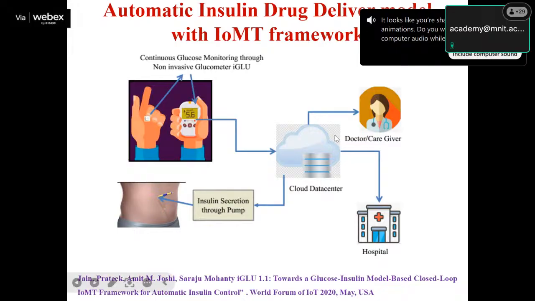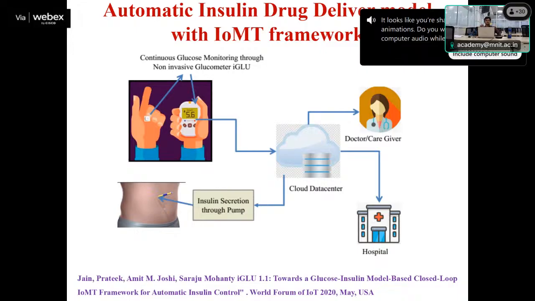So basically, the automatic insulin drug delivery model. That means ultimately we have discussed that a type 1 diabetes patient is in a more critical condition of diabetes, where your pancreas is unable to generate any kind of insulin.